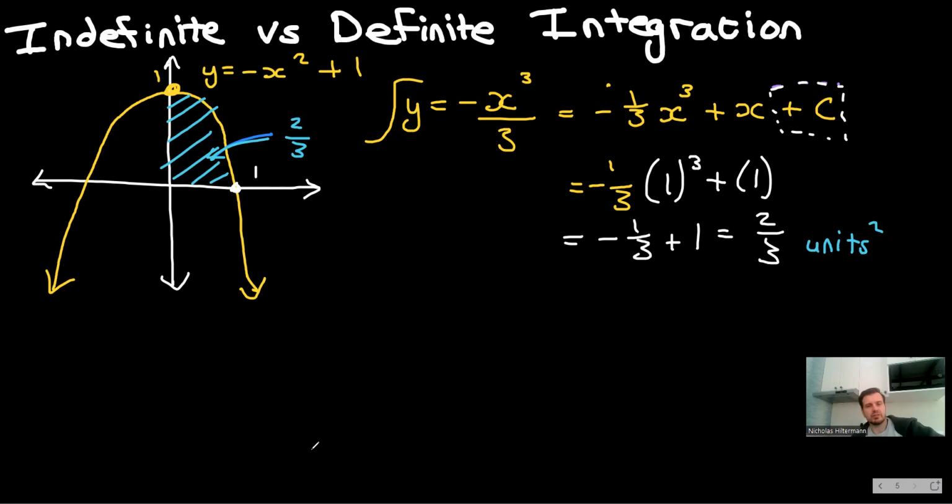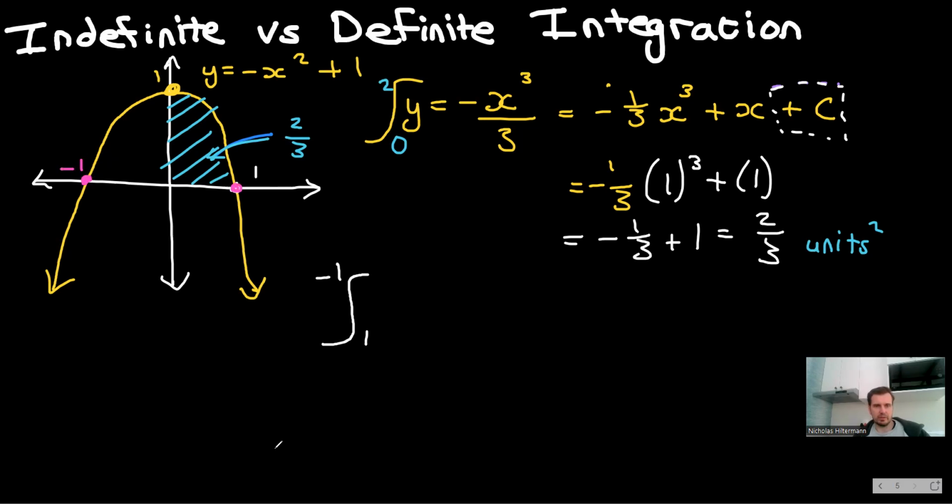So if I wanted to say the definite integral, I would write this funny S shape and define the region that I want to find the area of. So let's say I put 1 here and minus 1. What does this mean? It means find the integral, in other words the area, from 1 to minus 1.